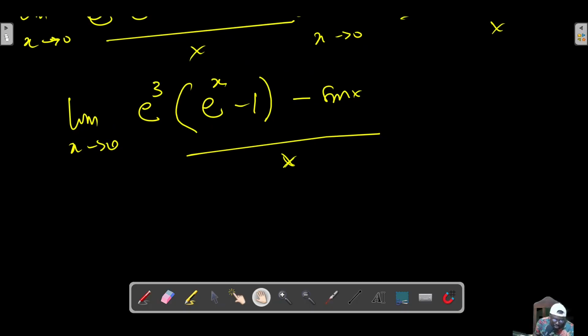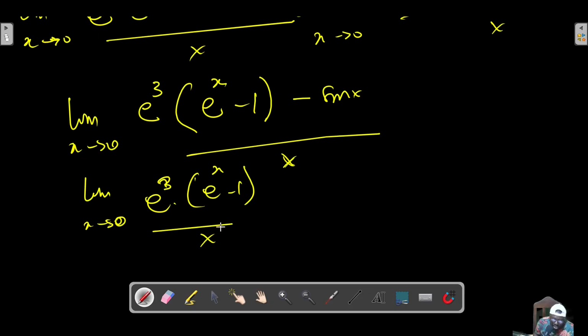What can I do? That is the limit as x approaches 0 of e raised to the power 3 times e raised to the power x minus 1 all over x, minus the limit as x approaches 0 of sine x over x.